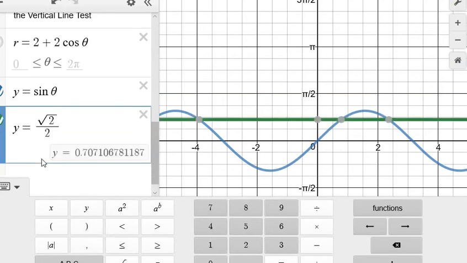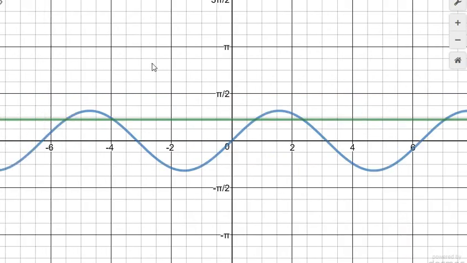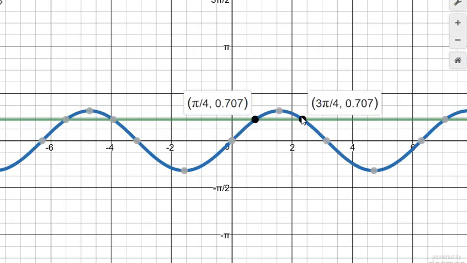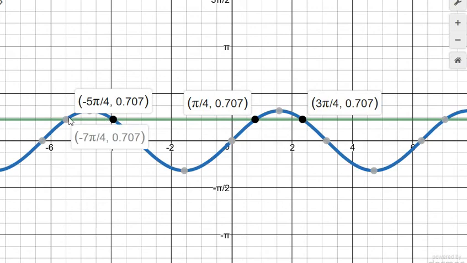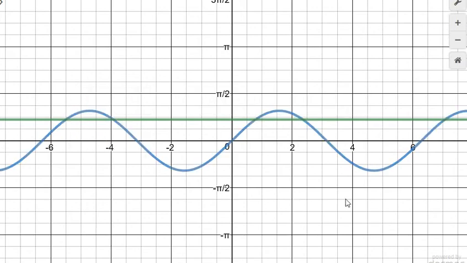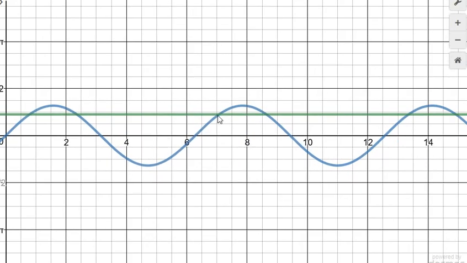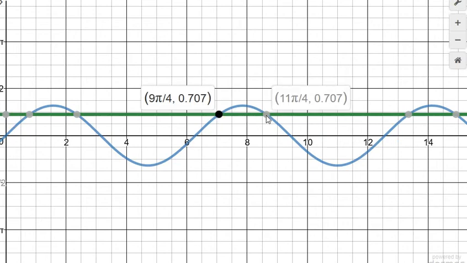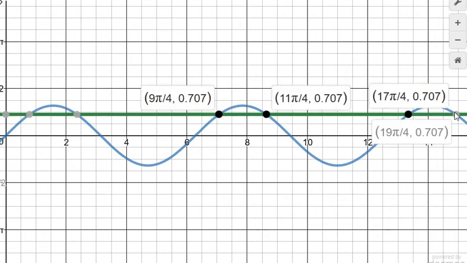There you go. And you can see some of our points of intersection. Pi over 4, 3 pi over 4, negative 5 pi over 4, 7 pi over 4. But some of the other ones we got, 9 pi over 4, 11 pi over 4, 17, 19, etc. So all those points are there. And there's an infinite number because that line extends forever in either direction.